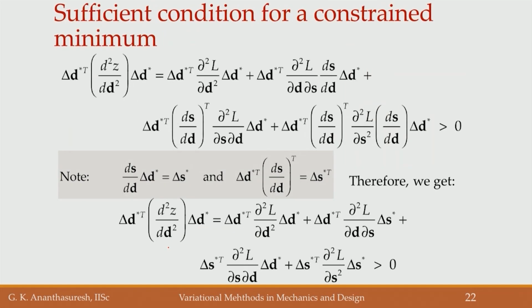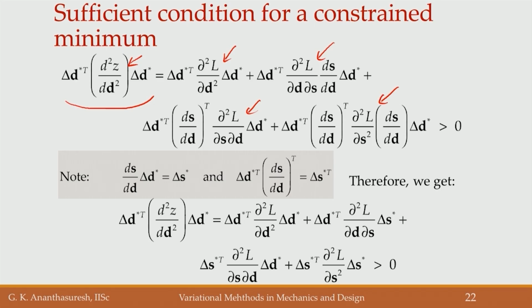For that, we have to go back and look at the fact that whatever delta s star, delta d star partitioning we have taken does not really matter. If you take this quantity which we say should be greater than 0, we expand it, the z part of it, with this L that we derived earlier, in terms of d's as well as s's, because that is the expression we had for d square z by dd square in terms of L. We are substituting everywhere, the long term, first, second, third and fourth term.